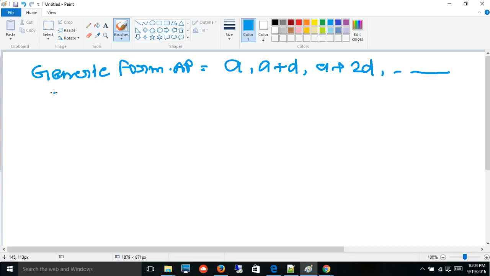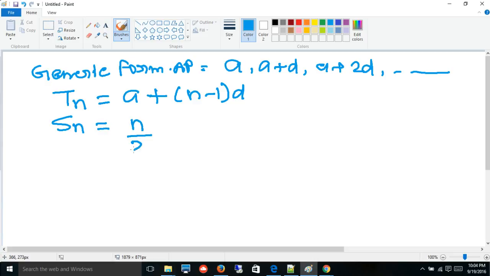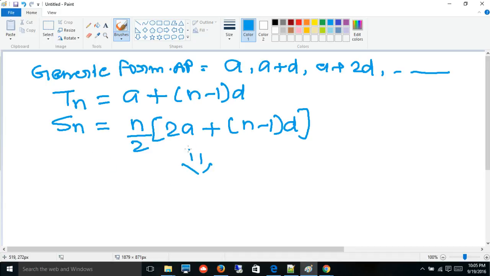To calculate the nth term, it is a plus (n minus 1) into d. The summation of n terms is n by 2, (2a plus (n minus 1) into d). Also we can say it in another way: n by 2 (t1 plus tn). So this is one form and this is another.